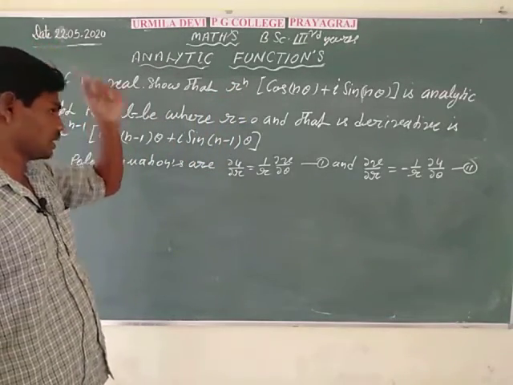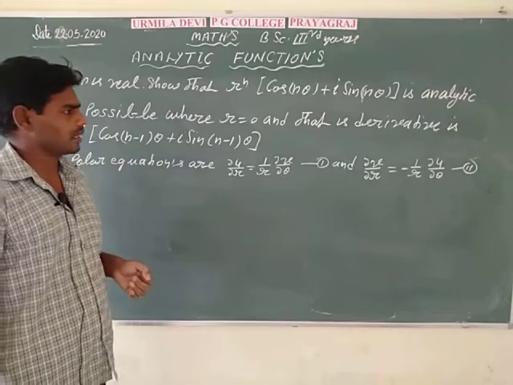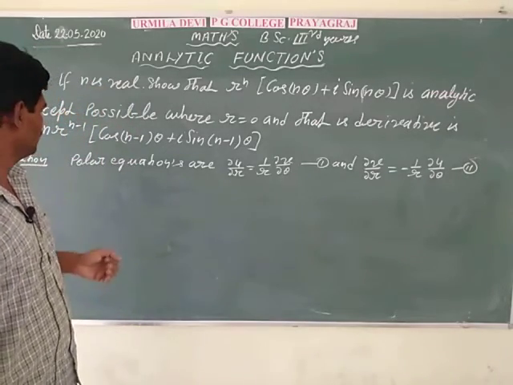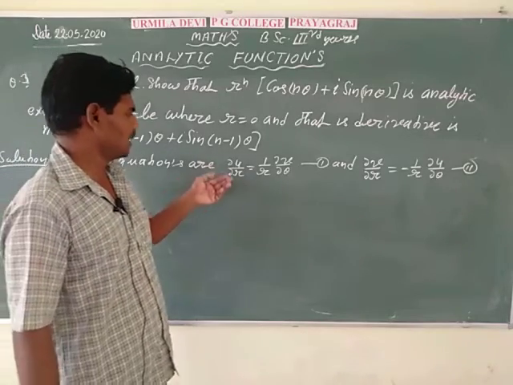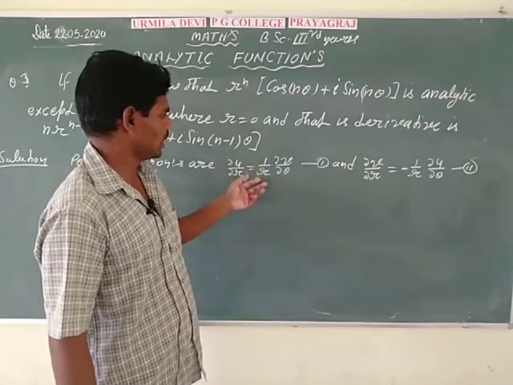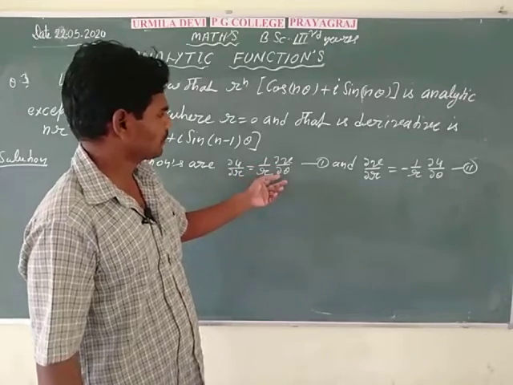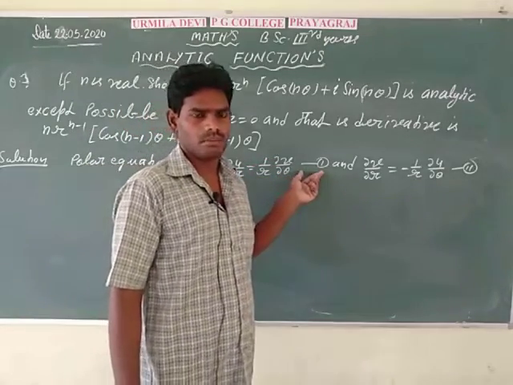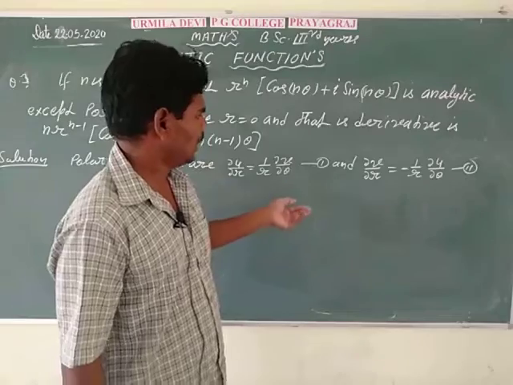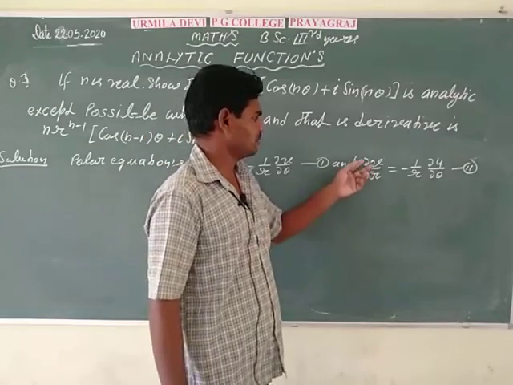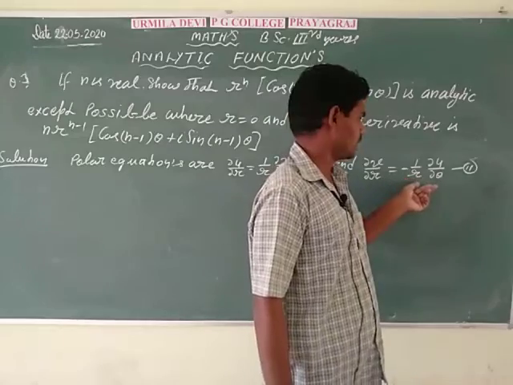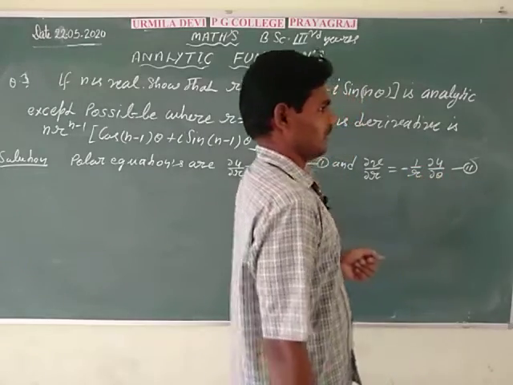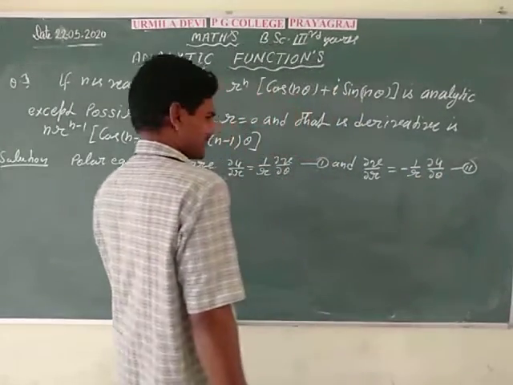Here our purpose is to show that the function f(z) is analytic, therefore use the two polar equations, which are: del u by del r is equal to 1 by r del v by del theta, the first equation of CR in polar form, and the second equation is del v by del r is equal to minus 1 by r times del u by del theta, the second equation.